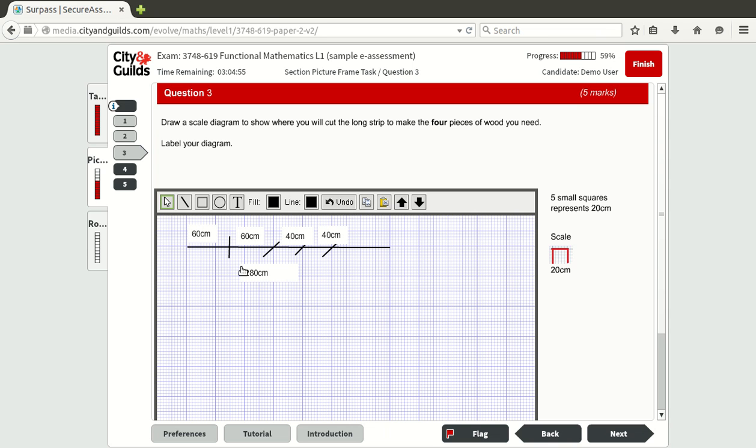So that is for my top 60, bottom 60, left 40, and right 40. So in total, out of my stick that was 280 centimeters, I used a total of 80 plus 120. I used 200 centimeters out of that stick.